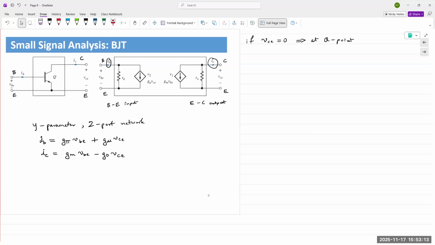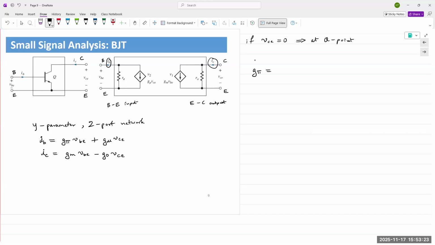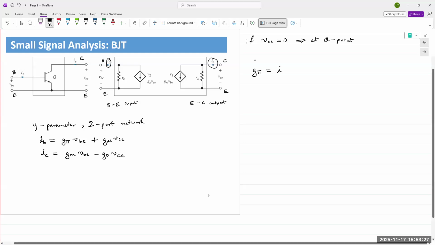So G pi is the conductance on the input side. So what is the input current? IB is the input current and VBE is the input voltage. So G pi is the ratio of IB to VBE.